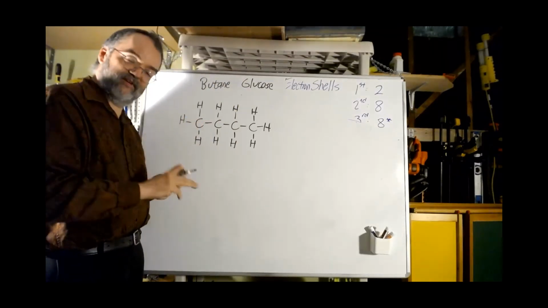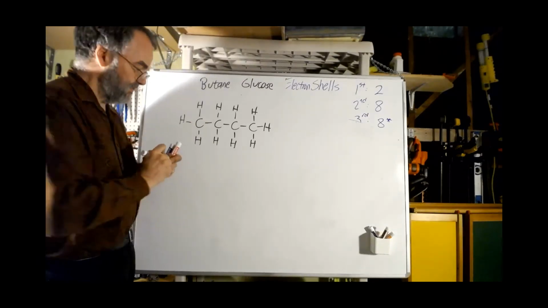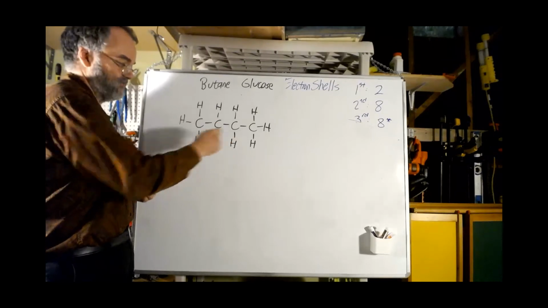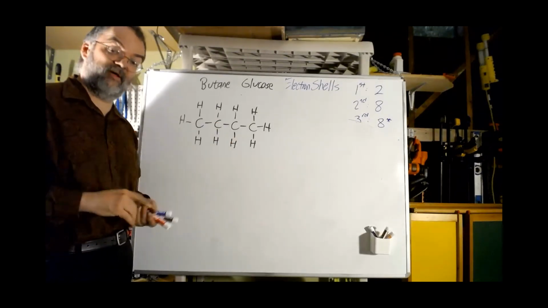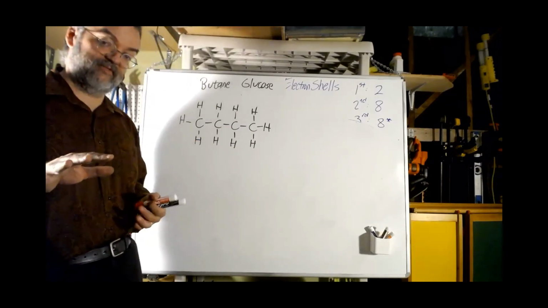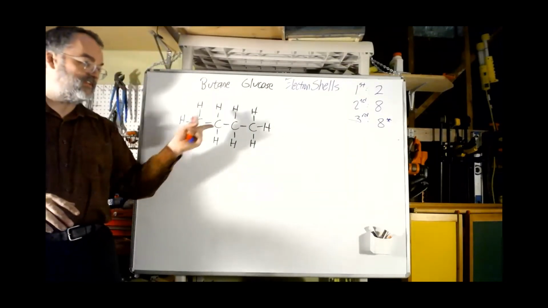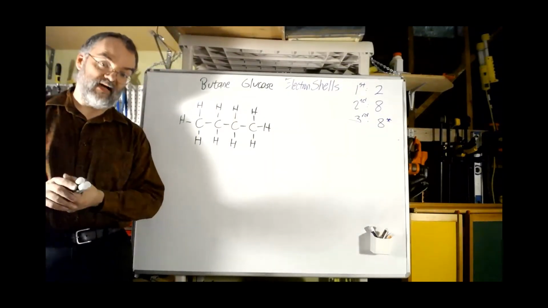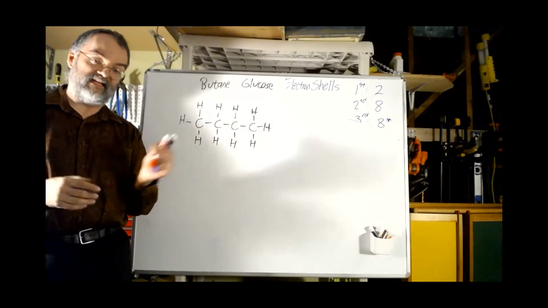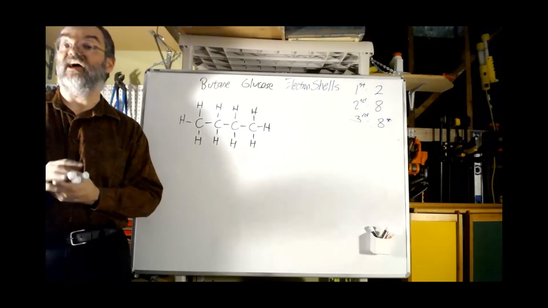Let's see if we can find any polar bonds in this. Carbon to carbon is nonpolar. Carbon to hydrogen is nonpolar. All of the bonds in this are nonpolar. There's no part of this which is a little more positive or a little more negative, which means there's no part of this where water can form hydrogen bonds. So water doesn't know what to do with this. Water can't form any hydrogen bonds with this. It will not dissolve well in water.